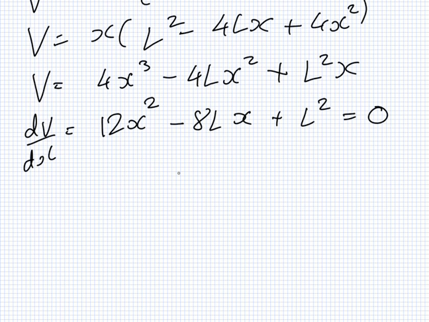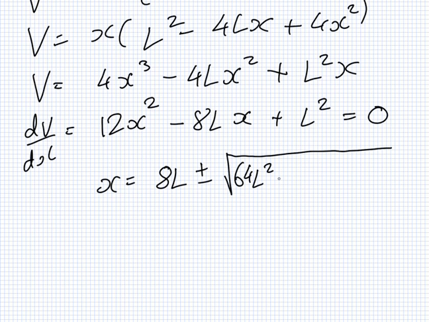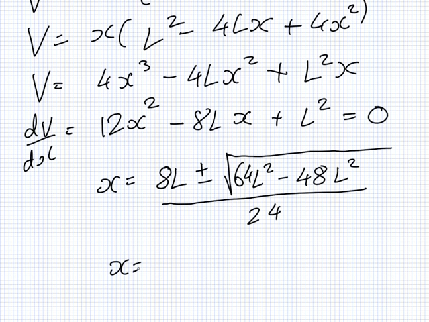So we have X equals minus B plus or minus the square root of B squared minus 4AC all over 2A.